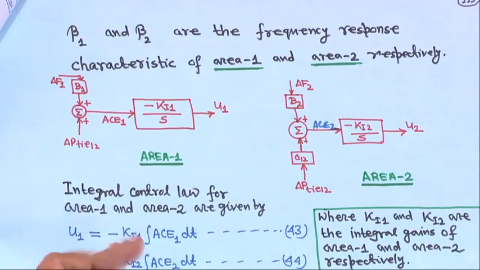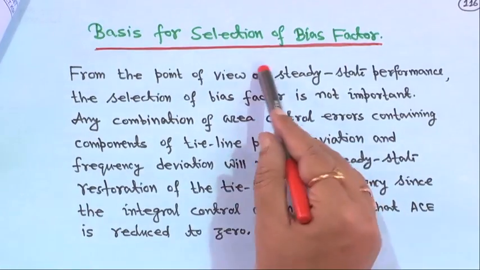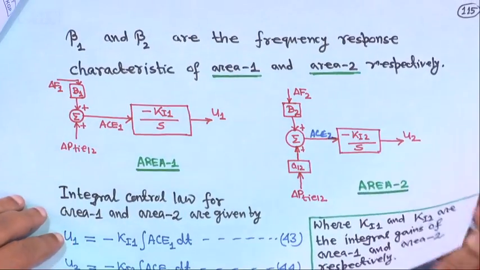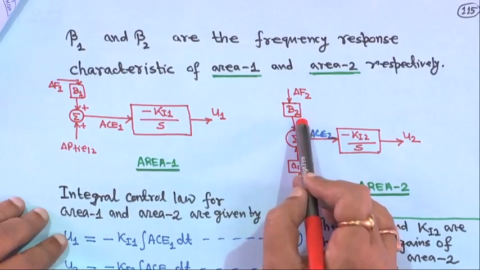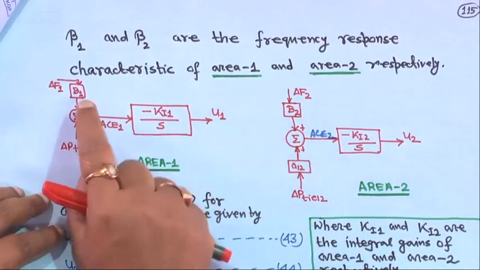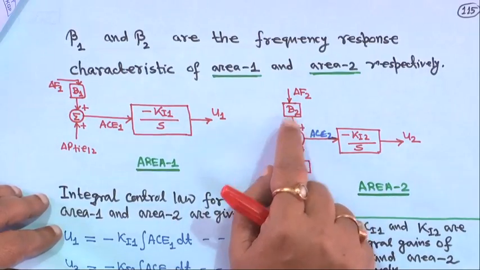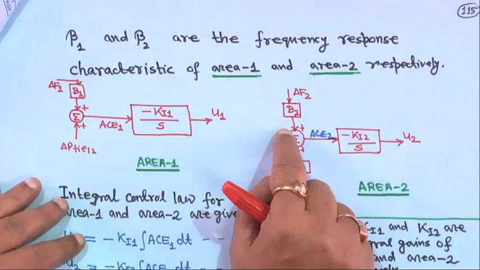So, all these things for area 1 and area 2 I showed. Next is the basis of our selection of the bias factors B1 and B2; there should be some criteria for selecting them. Before proceeding further, I can tell you that B1, B2, or in general the B value, cannot be less than beta.